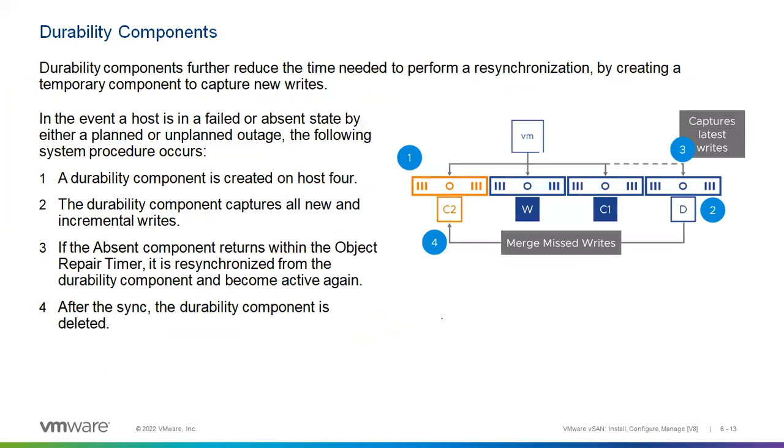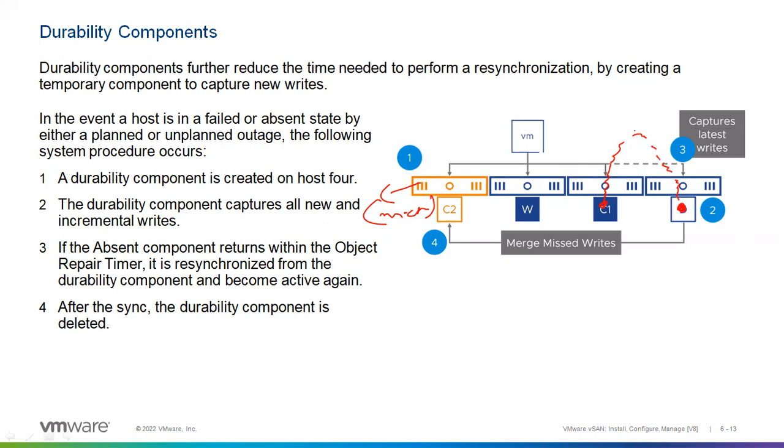Okay. So when we say durability component, it further reduces the time needed to perform the synchronization by creating a temporary component to capture the new writes. That's what I was trying to say. During the time my host goes into the maintenance window, the original data is here, but whatever mirror writes happen, it will create a delta of it.